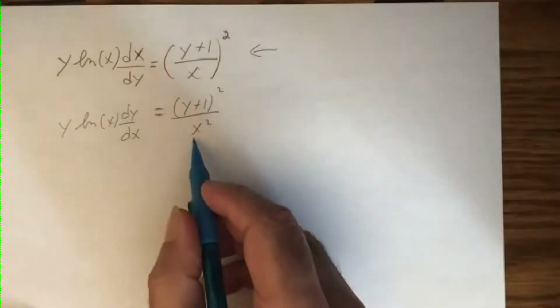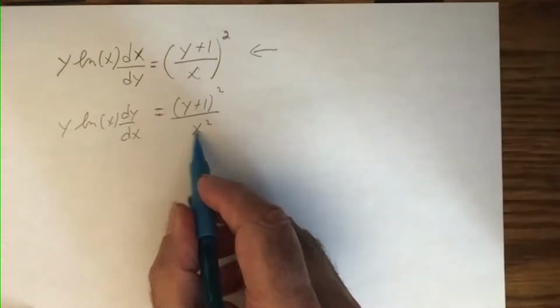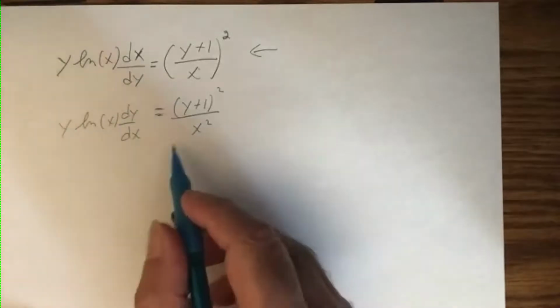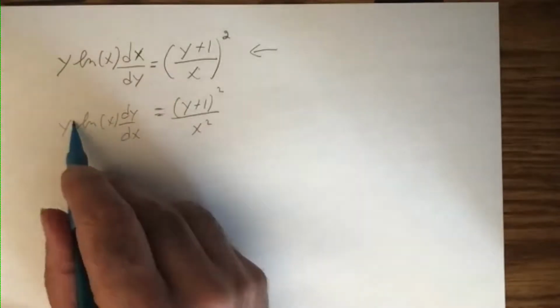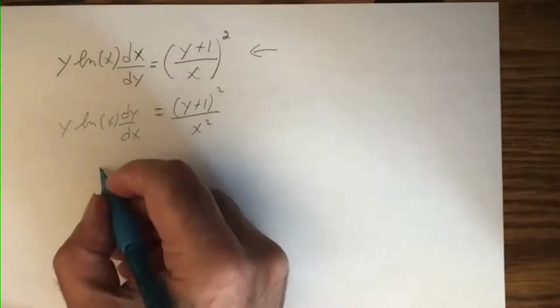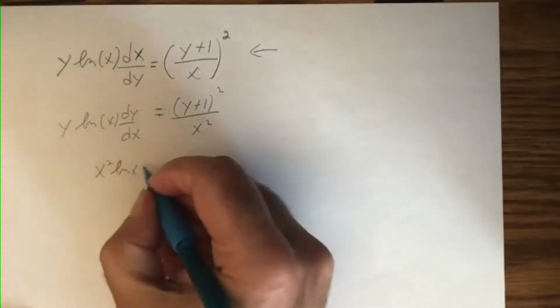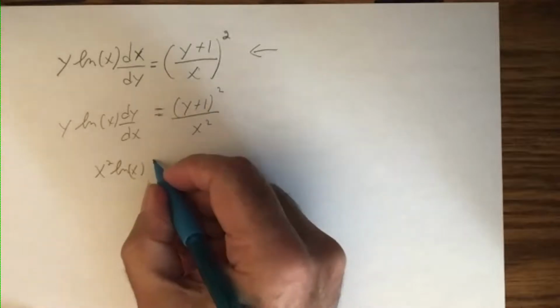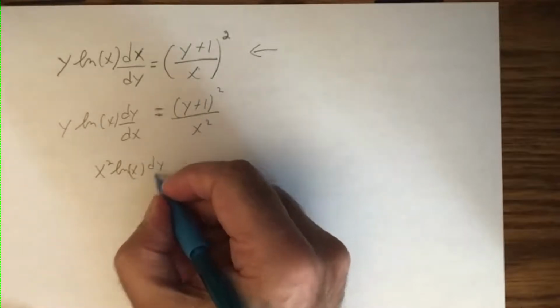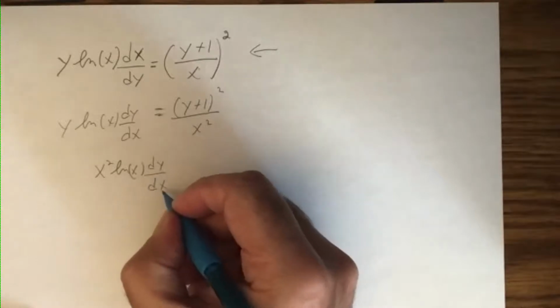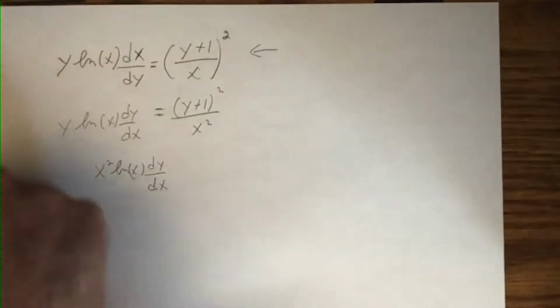Okay, so then I'm going to bring this x squared over to here, right? So I'm going to have now x squared. Oh, this is the x dy.